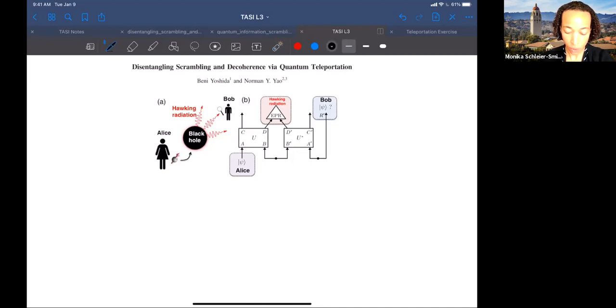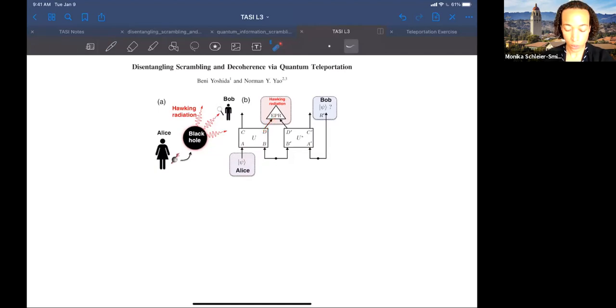So sorry, what's what here? So U represents the black hole, right? So Alice has some state that she throws into the black hole. U is some operation that is scrambling, the chaotic scrambling of the black hole. And D represents some Hawking radiation that Bob can collect.